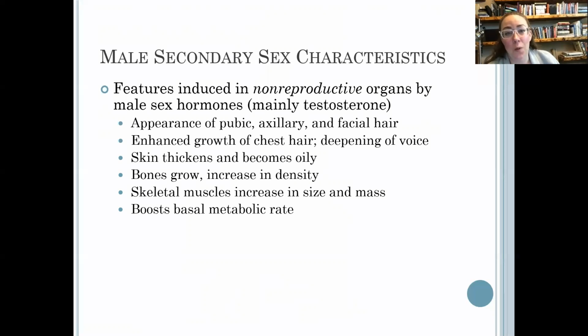It's one of the reasons why men just have to think about losing weight, and they do, it's because testosterone is so metabolically active, and that causes their metabolic rate to be higher. The sex drive comes from testosterone as well. And so there's a lot of things that testosterone does besides just make sperm that are important to overall reproduction, really.